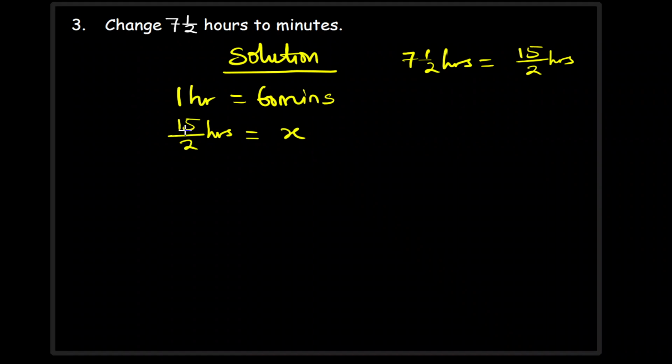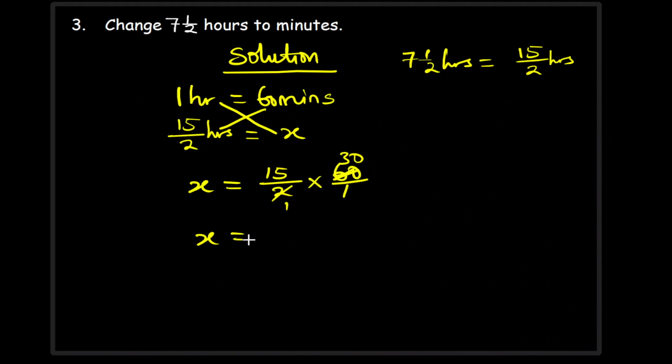We'll cross multiply this, and what will this give us? 1 times x will be equal to x equal to 15 all over 2 times 60 all over 1. 2 cancels here, 1, 2 here, 30. So if we multiply 30 by 15, our x will be equal to 450.